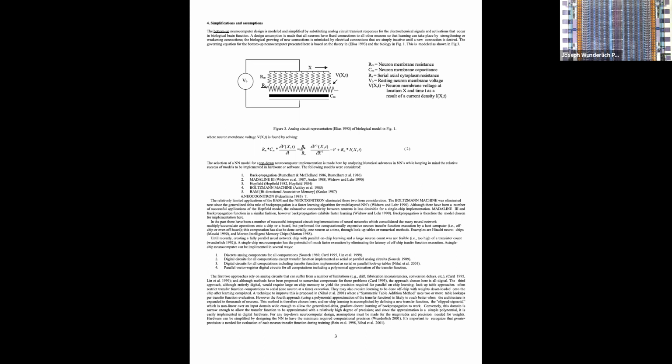You have to go back in history and look at backpropagation, Madaline, Hopfield, Boltzmann machine, BAM and neocognitron. Those were picked, and then you'll see some of the rationale for how to do the digital or analog version of that circuitry based on the learning or the neuron transfer function.